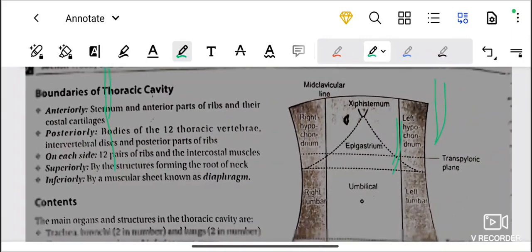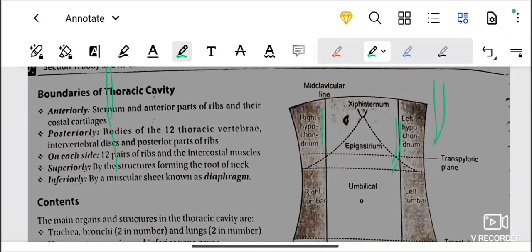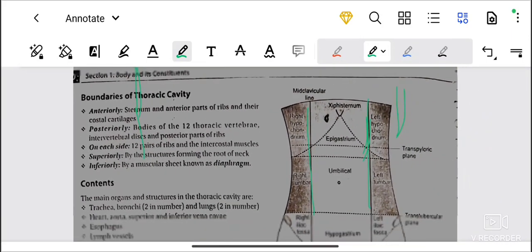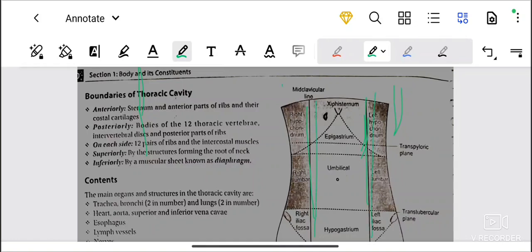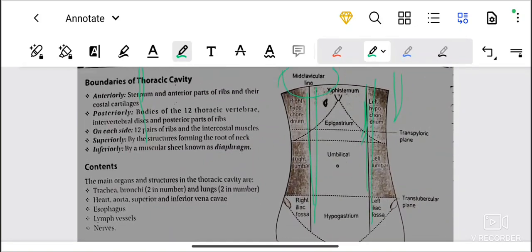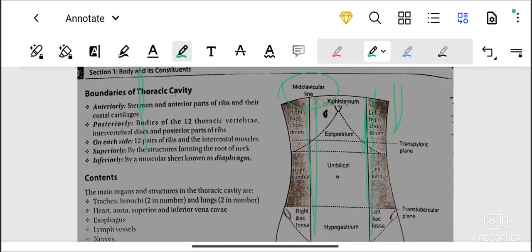Laterally we can see the midclavicular lines, both midclavicular lines, and horizontally we can see the transpyloric plane and the transtubercular plane.